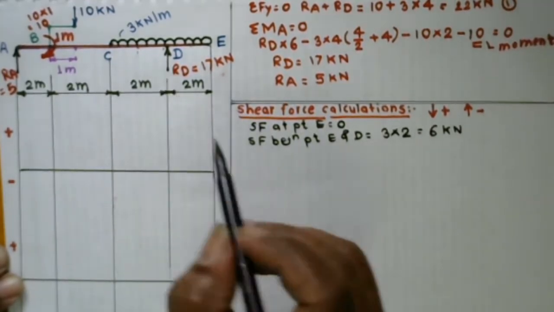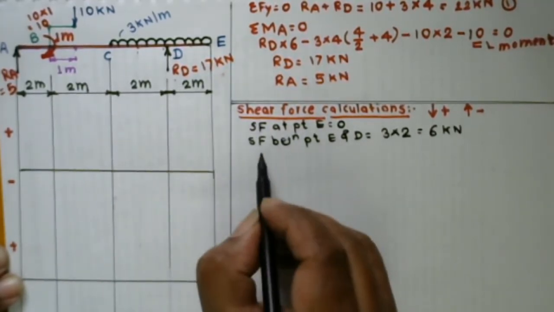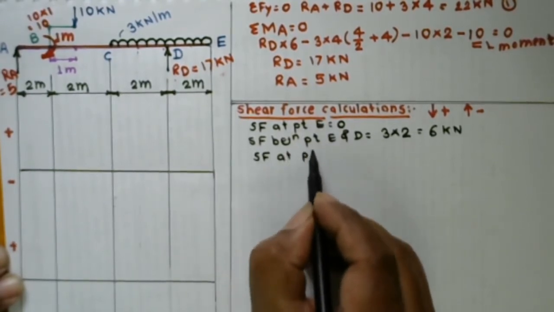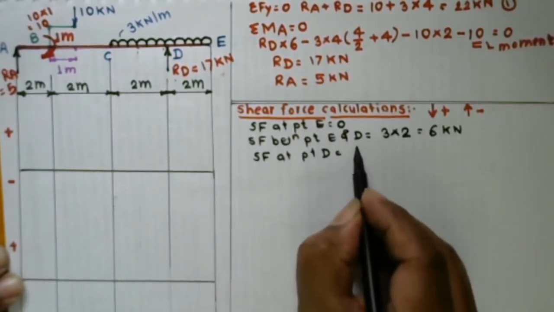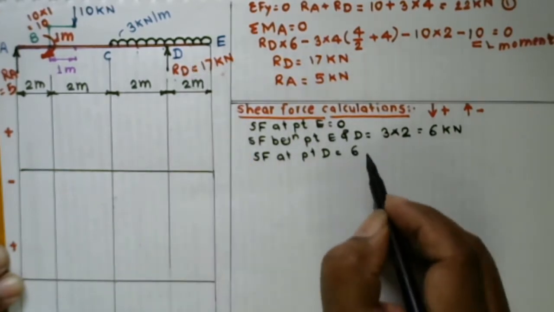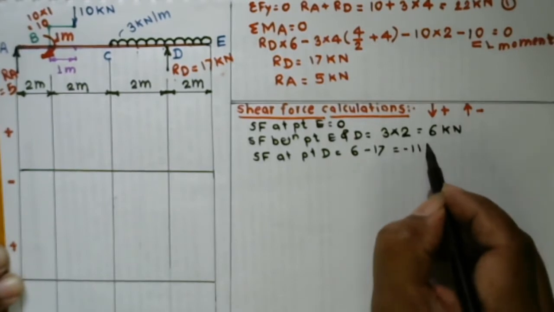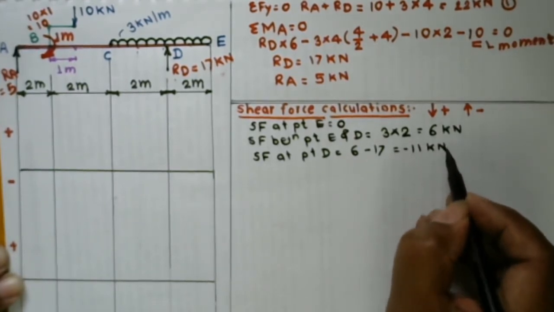Then at point D the reaction RD is acting upward, so the shear force at point D is 6 minus 17, which becomes minus 11 kilonewton.